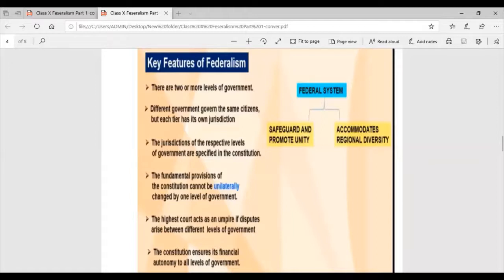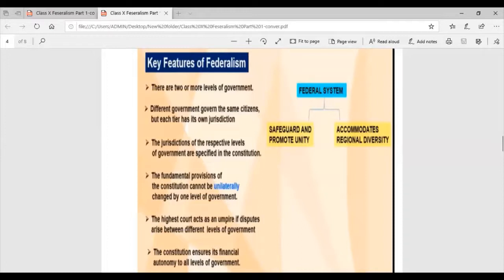Every level is free in its own way to impose taxes and raise funds through remunerative enterprises. Sources of revenue for each level of government are clearly specified to ensure its financial autonomy. Here, the union government cannot block any kind of funds which are being released for the state government.